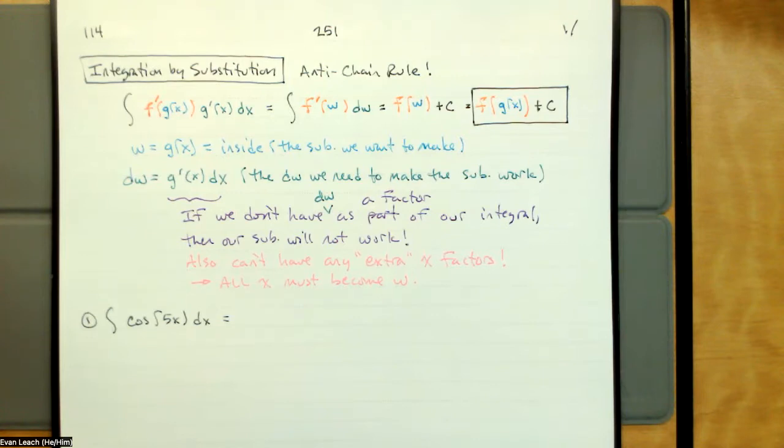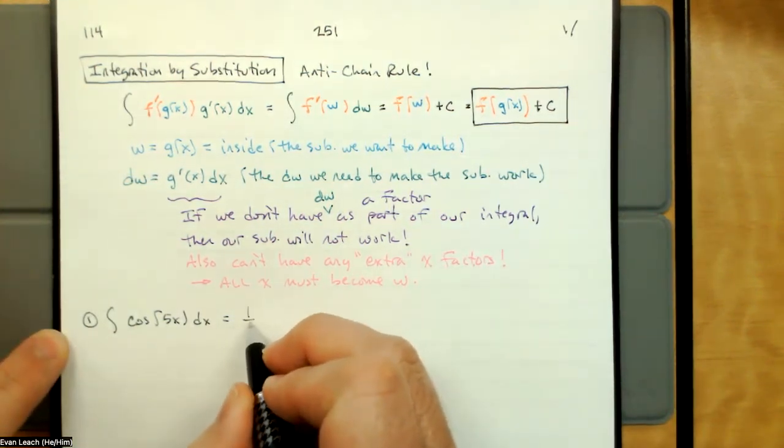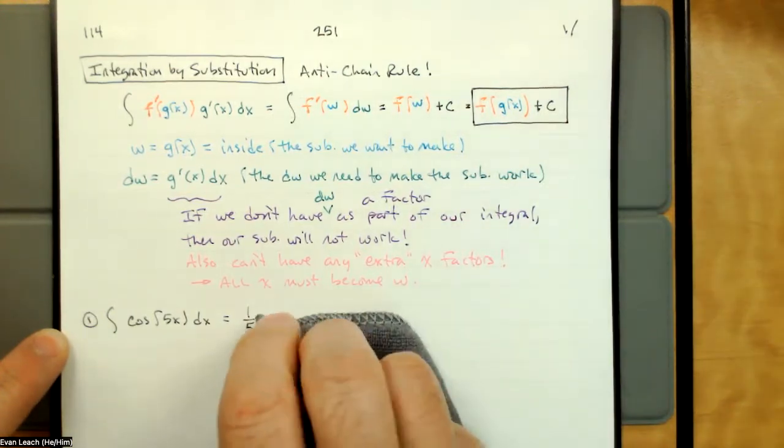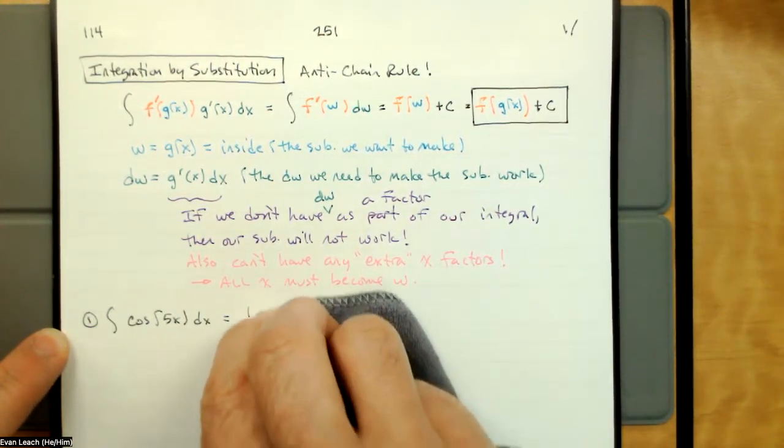The derivative of 5x is just a 5. The derivative multiplies by the 5, so the integral divides by the 5. We know this one already. We know this is going to be 1/5 sine of 5x plus c.